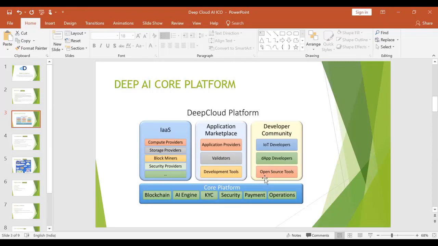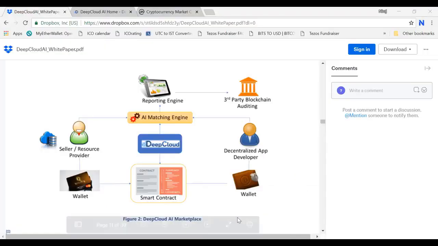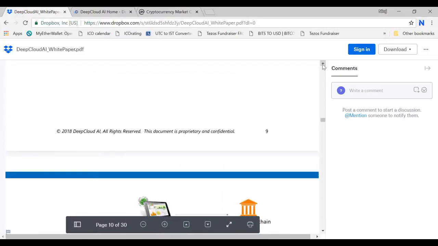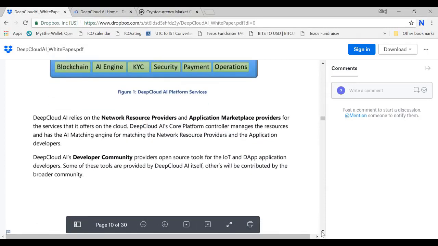There will be tools to develop apps, and here is the developer community, the IoT developers and the DApp developers, and there will be open source tools. There is a core platform, a blockchain, an AI engine, security, payment and operations. You can go ahead and read the white paper for a deeper understanding of their technology.